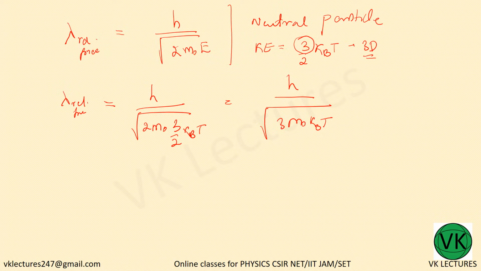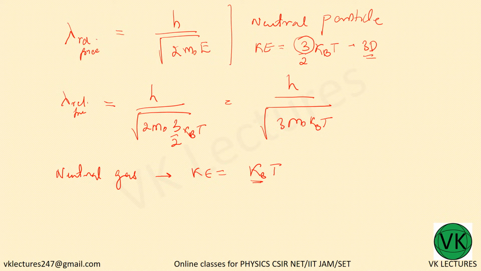Now let us see for neutral gas particles. For a neutral gas particle, we consider total kinetic energy is equal to kBT.